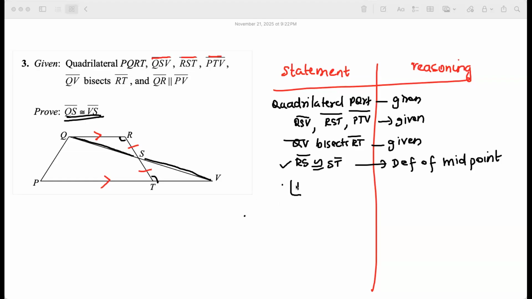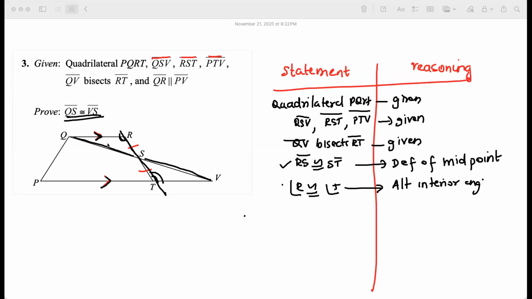Why? Alternate interior angle. Angle R is congruent to angle T because these two are parallel. This is a transversal. So this and this are alternate interior angles. Make sense? But who told that? Wait. Did I mark it incorrectly?